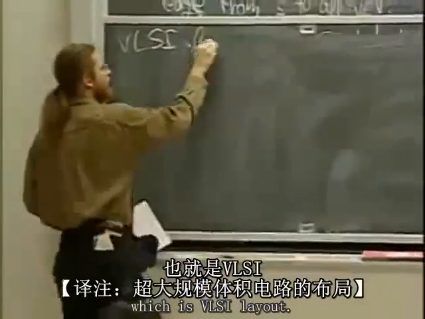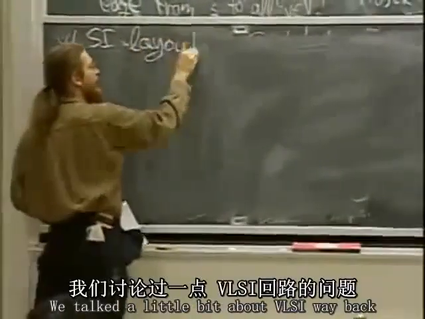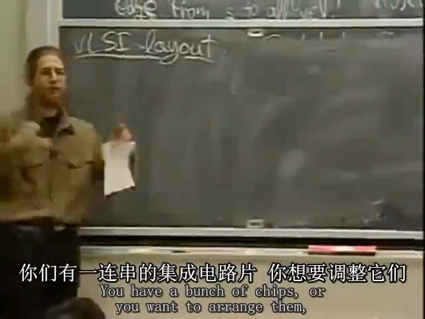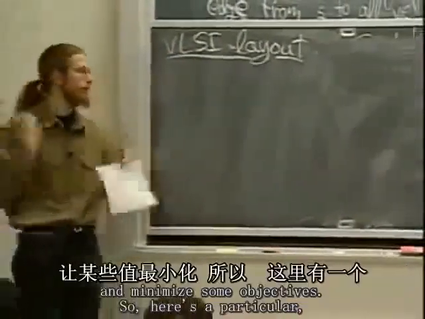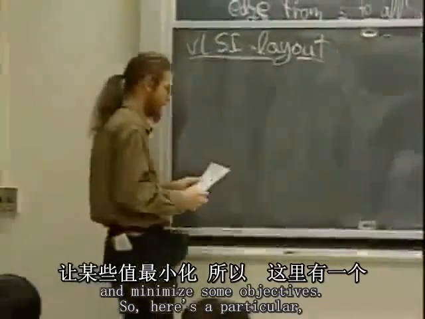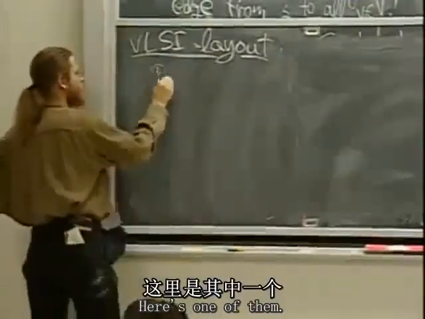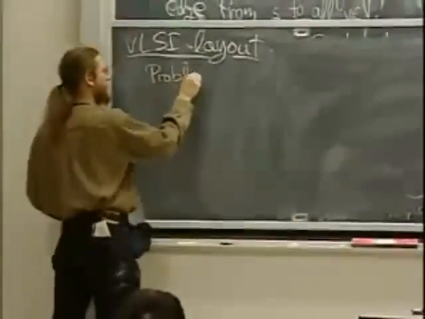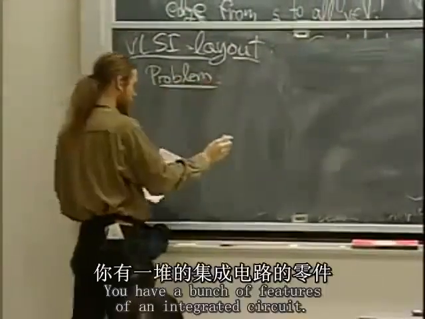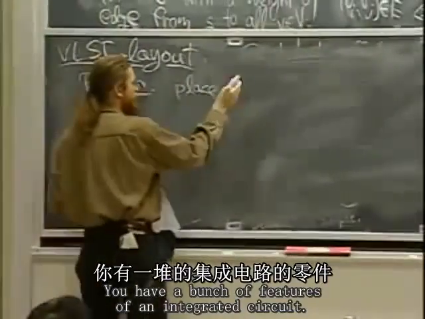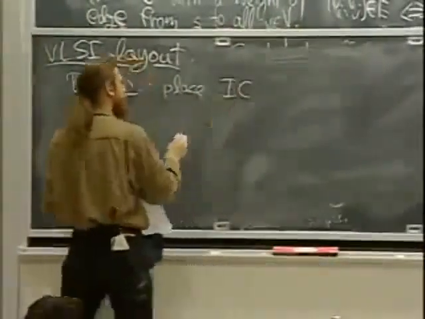which is VLSI layout. We talked a little bit about VLSI way back in Divide and Conquer. You have a bunch of chips, you want to arrange them and minimize some objectives. There are tons of problems that come out of VLSI layout. Here's one of them. You have a bunch of features of an integrated circuit.